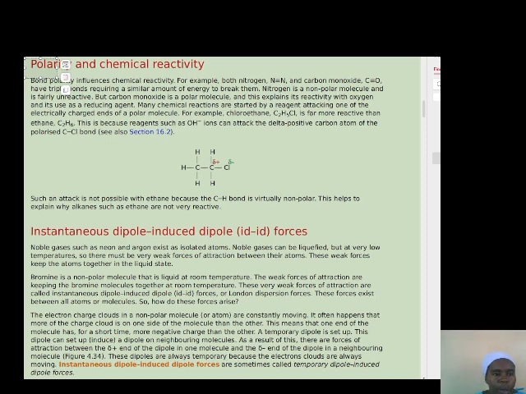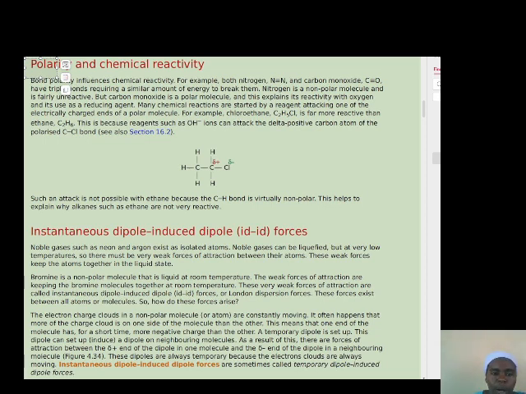So bond polarity influences chemical reactivity. For example, if you have nitrogen, it has 3 bonds: nitrogen bonded to another nitrogen with a triple bond, and nitrogen is non-polar. Then you have carbon monoxide, which has carbon covalently bonded to oxygen using 3 bonds.